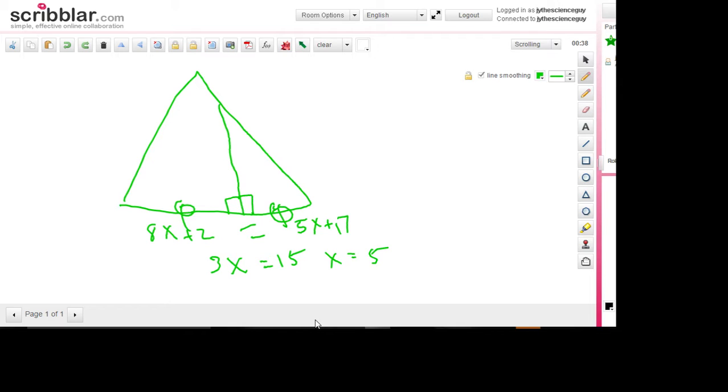Okay, so now what do I have to do with that number? You plug it in. I'm going to plug it into this one because the math is easier. So I have 8 times 5 plus 2. So if this is 42 and this is 42, then you add those together and what do you get? 84. 84 is our answer.